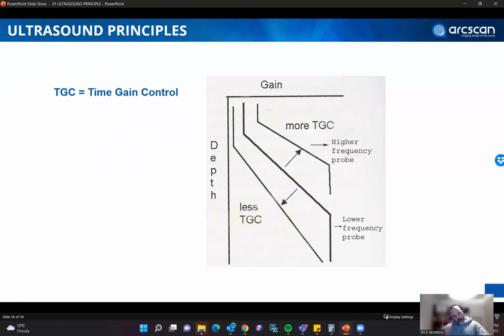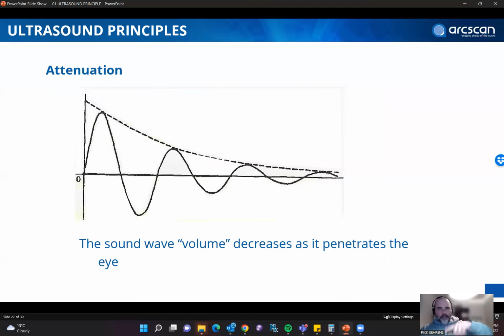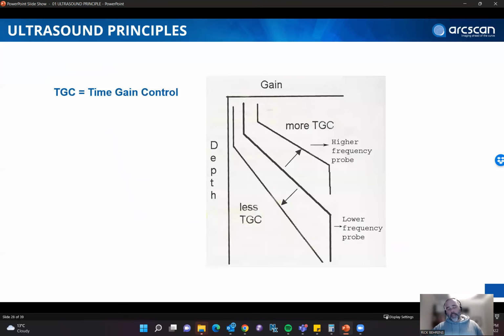Are you going to see it at the time it hit the cornea, or the time it hit the retina? Time gain control shows you the image already put together at their maximum peaks, all of them at the same time. That's why you get something like this. And yes, it will always look a little bit darker on the back of the eye, but that's normal. It tries to give you the maximum image acquired in every single instance of this area of the eye.